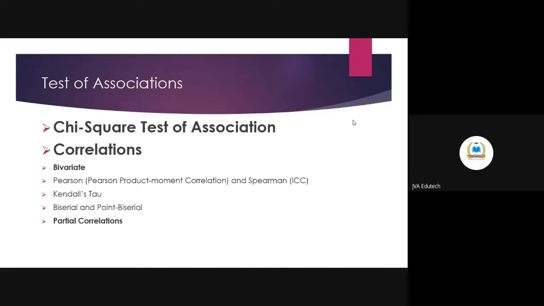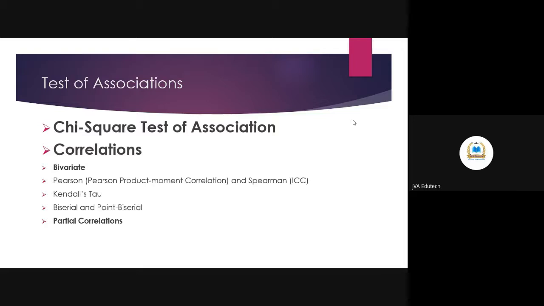And second thing, when you make the cross tabulation and the contingency table, each cell, let's say if you have a variable divided into two categories, another variable divided into two categories, so it will make a 2 by 2 matrix. So we will get four quadrants or four cells. All four cells should have a minimum count of 5.